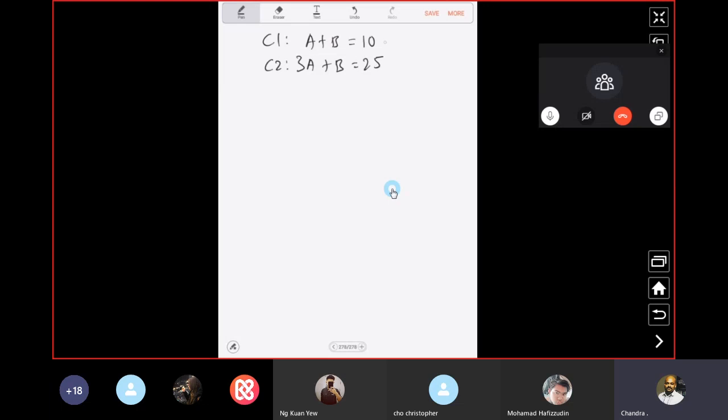Now if I increase this, what would be my optimal solution?